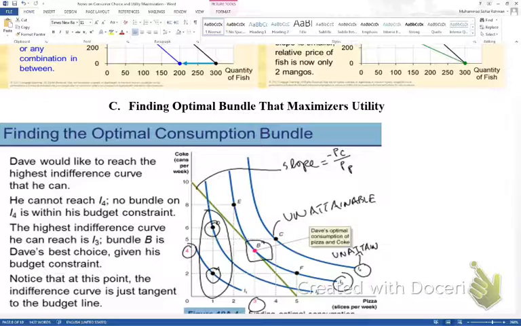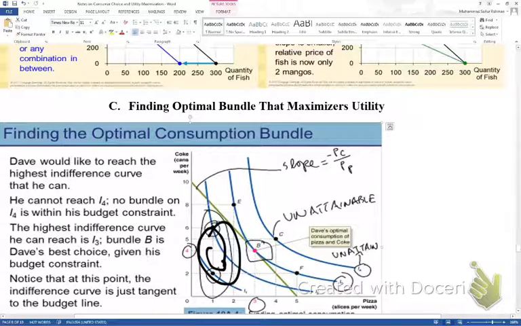They are not maximizing your utility because you are operating in a region where you are not utilizing all your income. So this is not where you want to be, right?